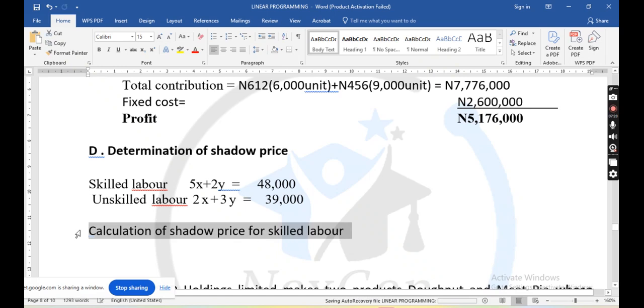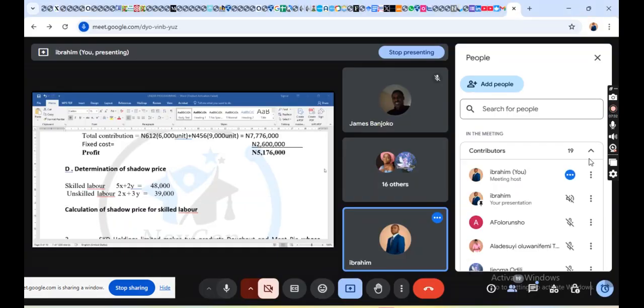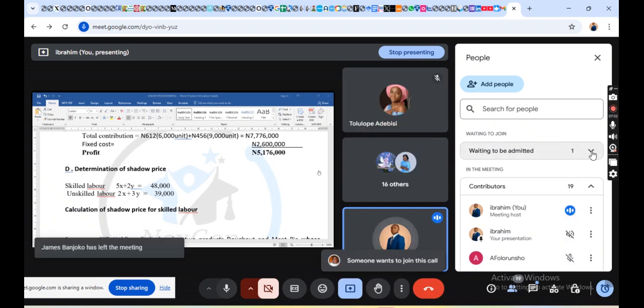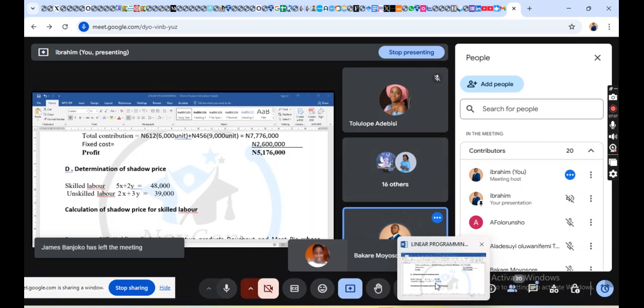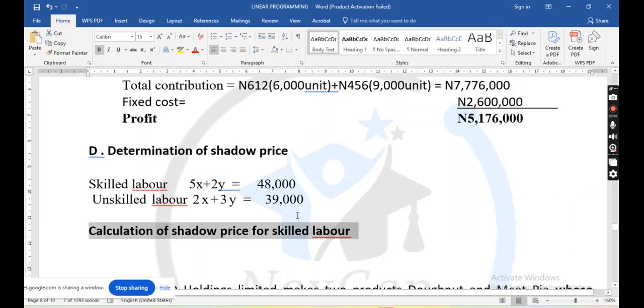So we need to increase the variable, the 48,000 hours, because that is available. You increase it by 1.